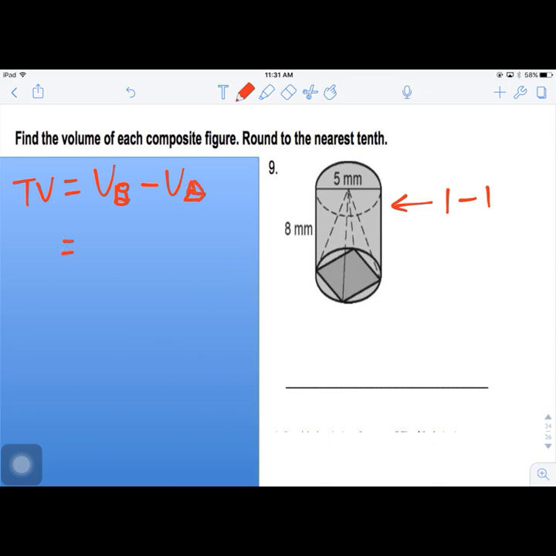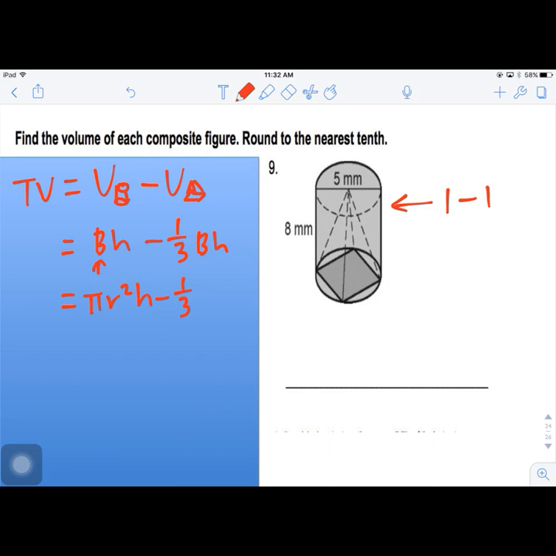And we know that the cylinder is area of the base times height, minus the volume of the pyramid, which is 1/3 area of the base times height. The cylinder has a circular base, so again it's pi r squared h minus 1/3, and it's going to be a square.